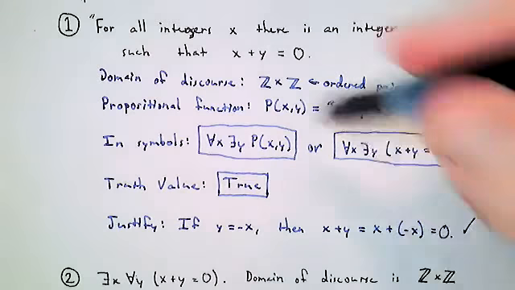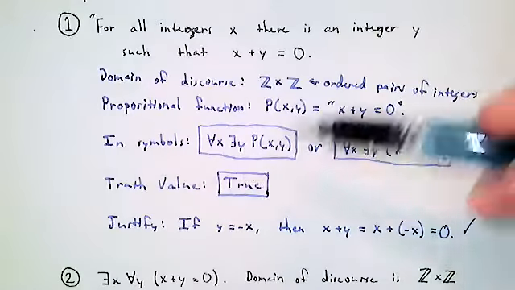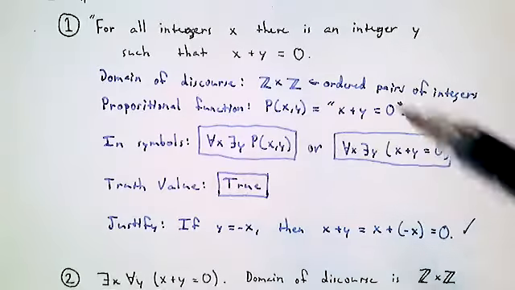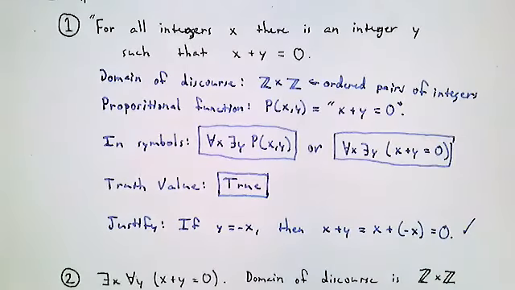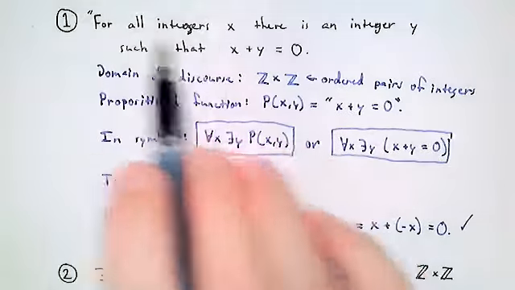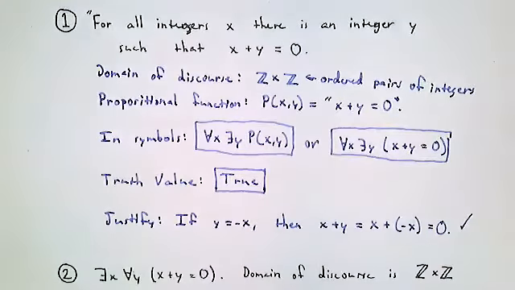Okay, so a truth value for a proposition is either true or false. So we're pretty much just saying that the whole statement is true. Right, so if you said the truth value of your proposition is true, then what you're saying is that the proposition is true. Yeah, that makes sense. That's right.